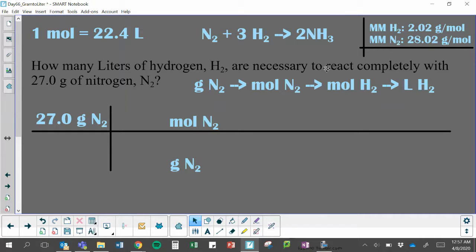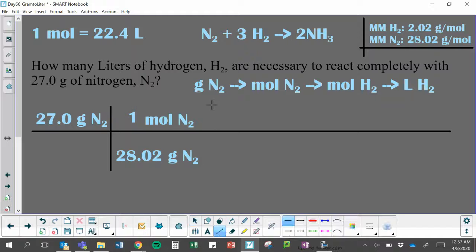I already have the molar masses up here for you. For N2, our molar mass is 28.02 grams per mole. This is going to go with our grams, so we'll go down here, 28.02 grams of N2 per 1 mole of N2. So our grams of N2 cancel. We're left with moles of N2, so we're now here.